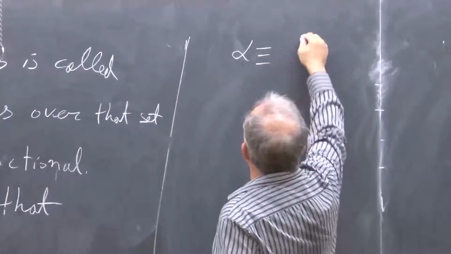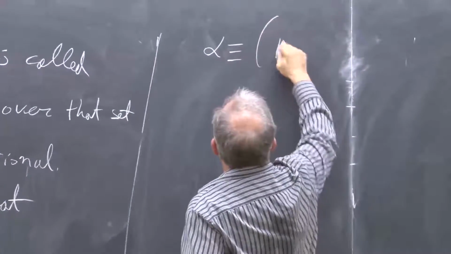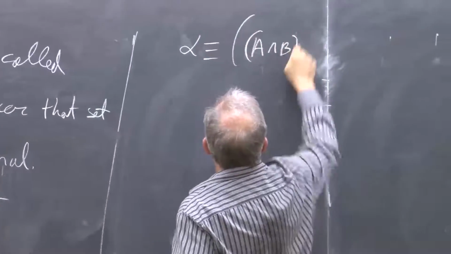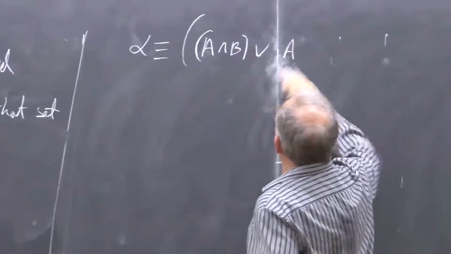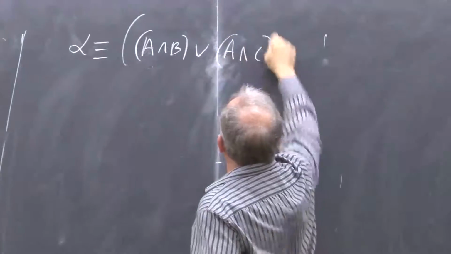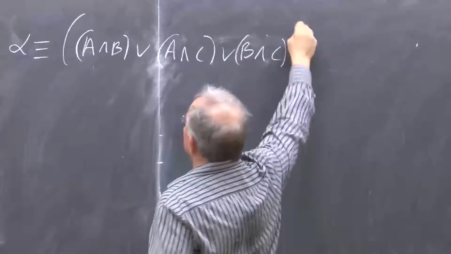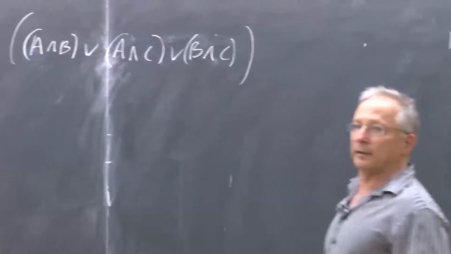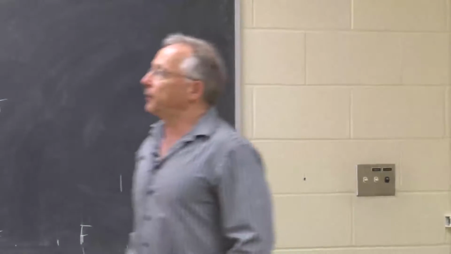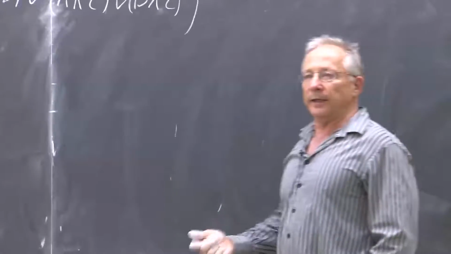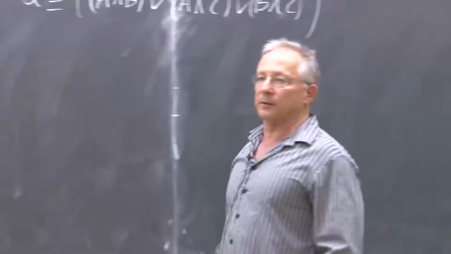So, for example, we can take alpha to be A and B, or A and C, or B and C, and add some brackets to make it complete. So this formula is true if and only if the majority of A, B, C is true.